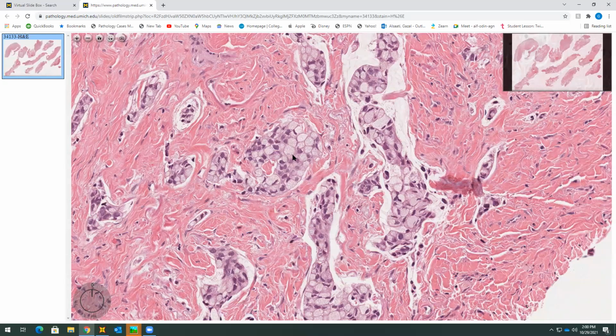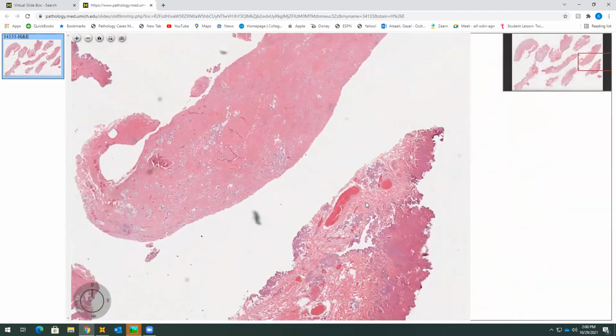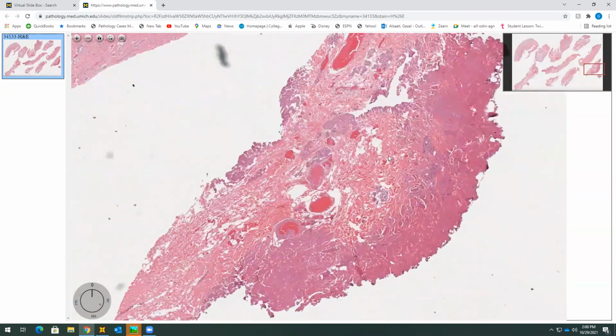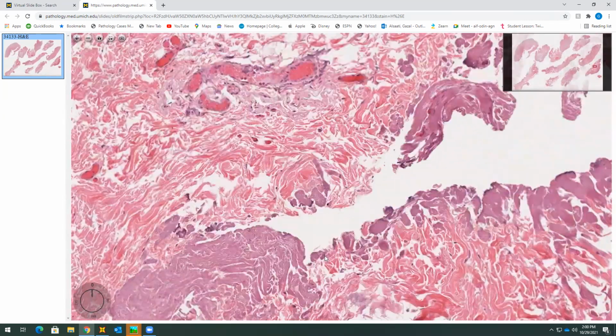I can't just jump to call this gastric primary right away. It has to be, of course, CK7, CK20, TTF1, GATA3. We have to look at everything before we move on. But yes, this is definitely malignant metastatic tumor into the soft tissue, wherever the origin of the soft tissue is. We're calling it periumbilical.